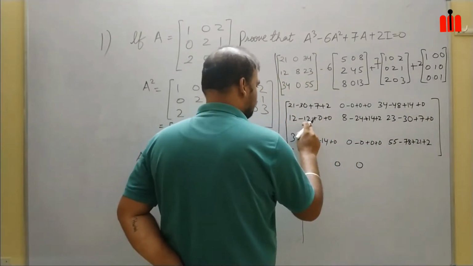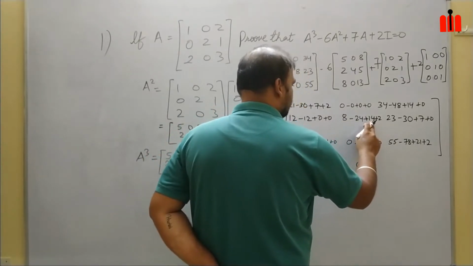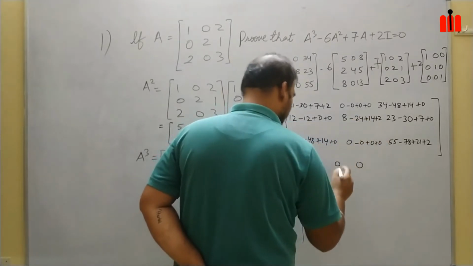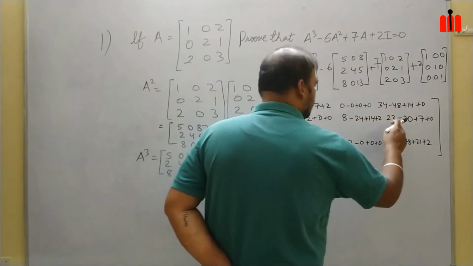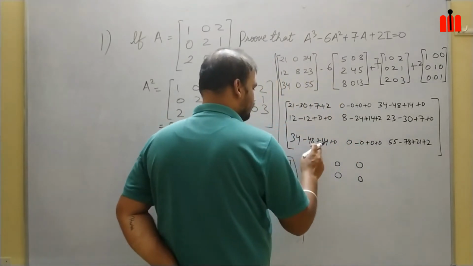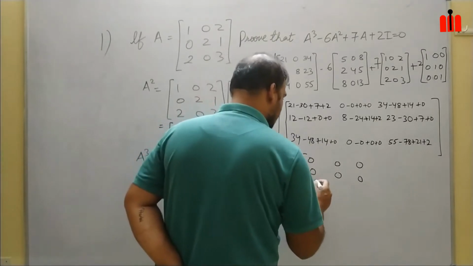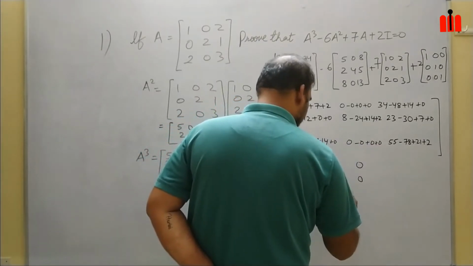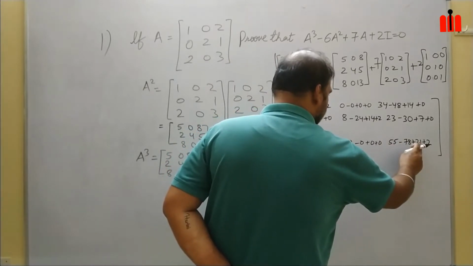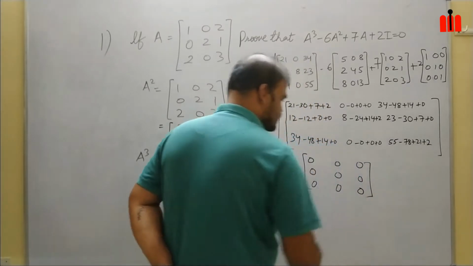Now in this element, 12 minus 12, 0. 8 plus 14, 22, 22 plus 2, 24, 24 minus 24, 0. 23 plus 7, 30, 30 minus 30, 0. 34 plus 14, 48, 48 minus 48, 0. 0 all, so here it is 0. 55 plus 21, 76, 76 plus 2, 78, 78 minus 78 is 0.